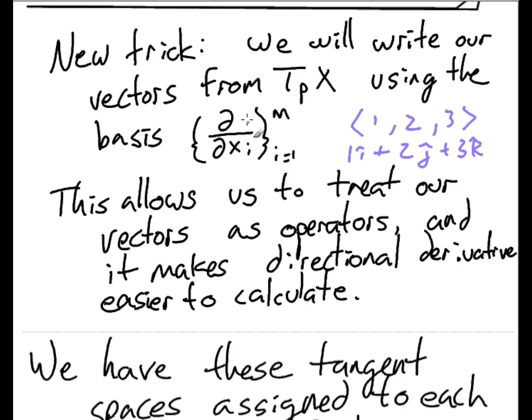So we have some linear combination of partial derivatives, and that allows us to treat our vectors as operators. Each of our vectors from the tangent space is then going to act on functions, it's going to act on vector fields, and we can use these as operators in a lot of different contexts. And it makes the directional derivative a lot easier to visualize and a lot easier to work with.